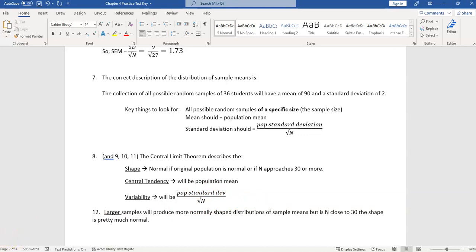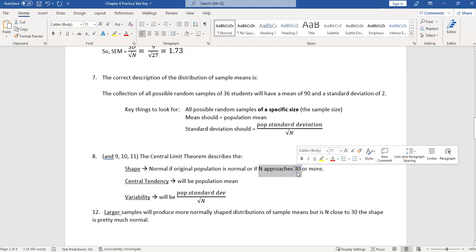And now moving on to 11. 11 is asking you to talk about the shape. And the shape, again, is going to be normal under 2 different conditions. It's going to be normal if the original population has a normal shape, or it's going to be normal if the sample size you're dealing with is pretty large. Basically, if it gets close to 30, it's pretty much a normal distribution.